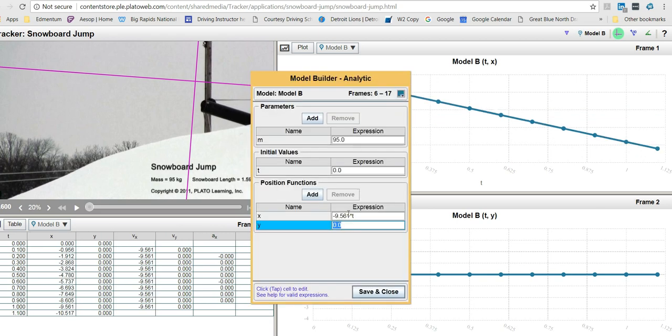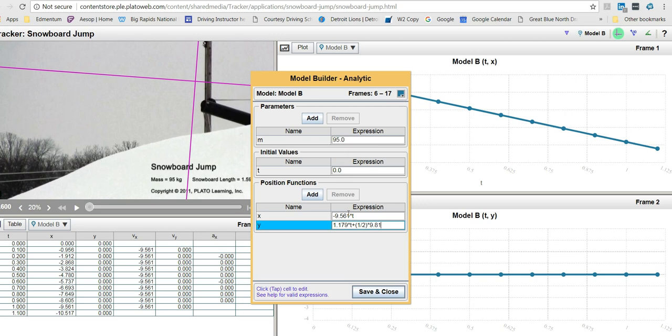And then for y, I had 1.179, so I want to take 1.179 times t, and then add to that, plus, parenthesis 1/2 times, then we'll use 9.8, the acceleration variable 9.81.